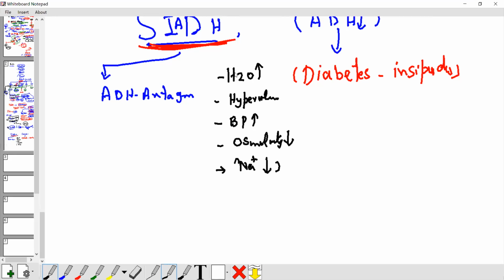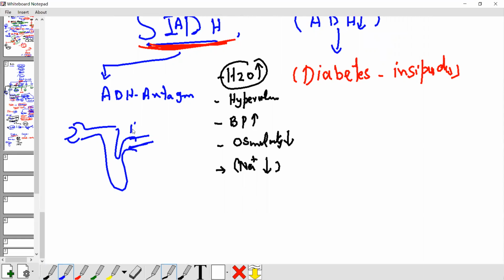It decreases, because the ADH hormone from the kidney just absorbs water, not sodium. From the collecting duct, just water is absorbed. So more water inside your body, hypervolemia, increased blood pressure.